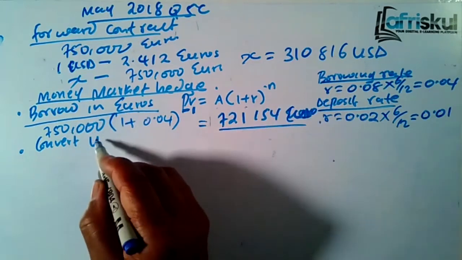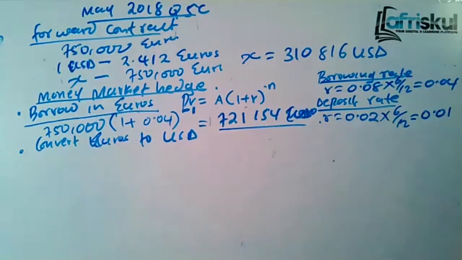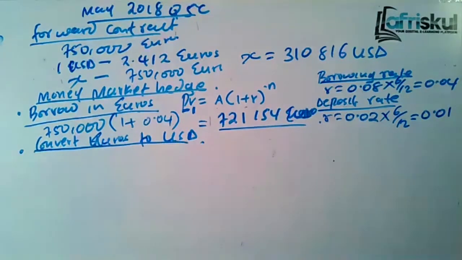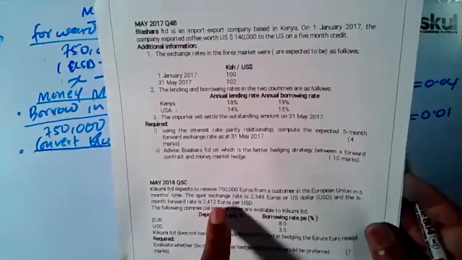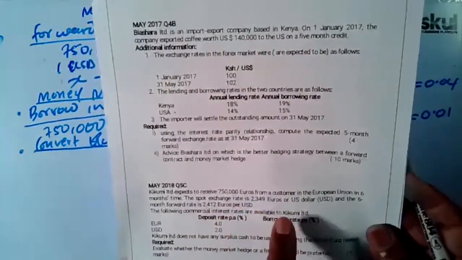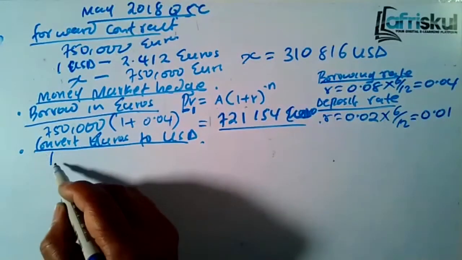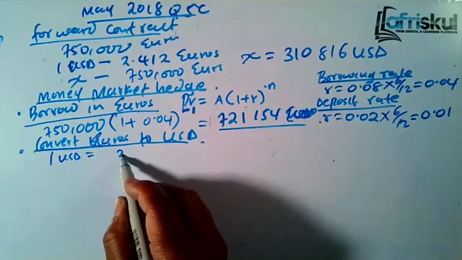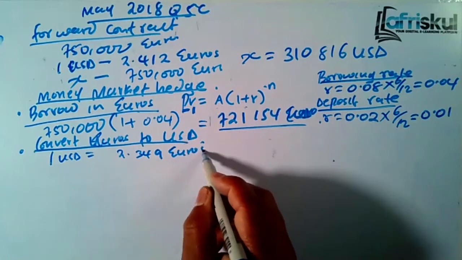After you borrow, the second step, you convert that amount into home currency at spot rate. How much was the spot rate? We are told that the spot rate is 2.349. So that means 1 US dollar at spot rate is 2.349 euros.